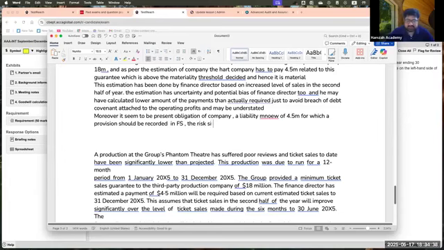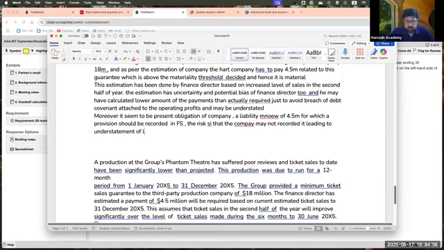The risk is that the company may not have recorded it, we don't know what they've done, leading to understatement of the loss for the year and liabilities as well.